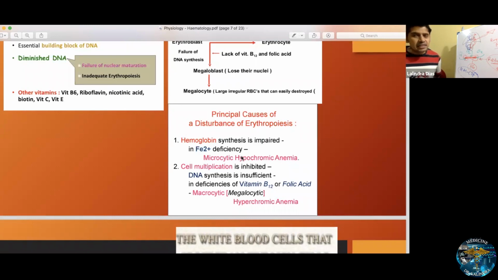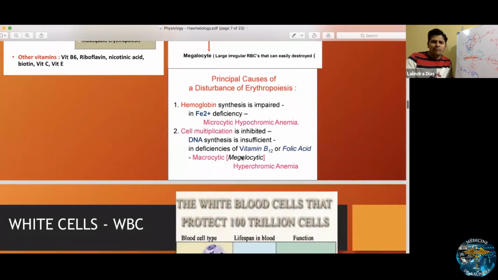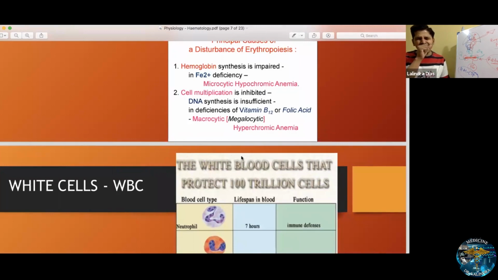DNA synthesis will be affected when you have folic acid deficiency and also B12 deficiency. Right. So now we know about the red cell, its function, and how it's affected in various problems. Now the white cells.